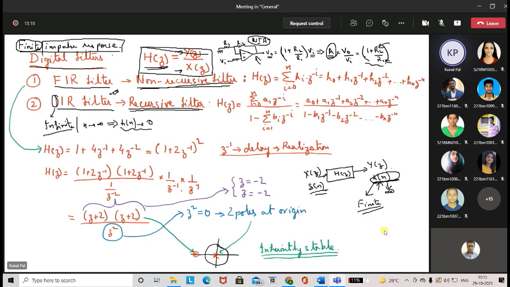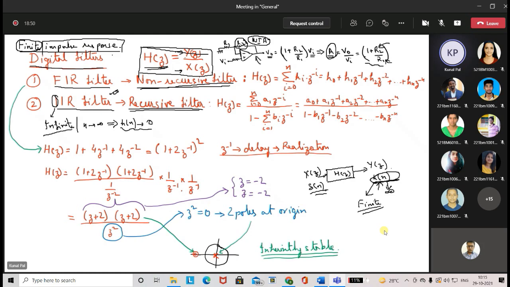Just like in this non-inverting amplifier, R2 acts as the feedback loop, which takes the values of the output and gives them back to the input. So it gives feedback information to the system. IIR filters are also feedback type filters.